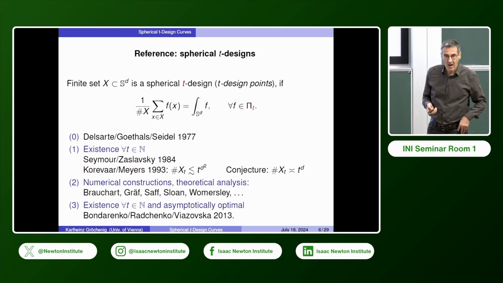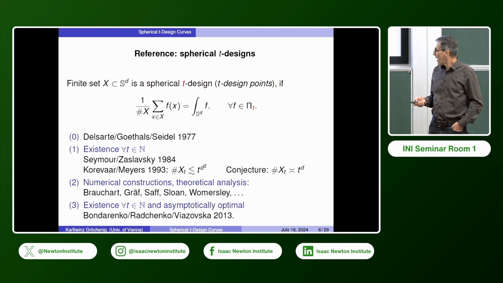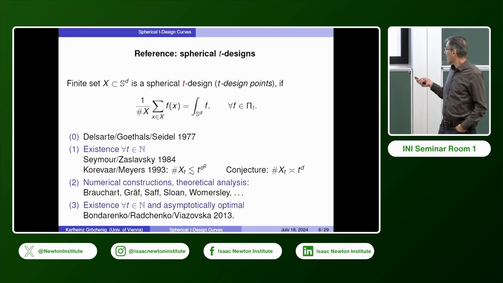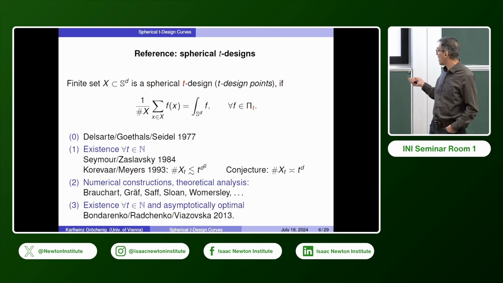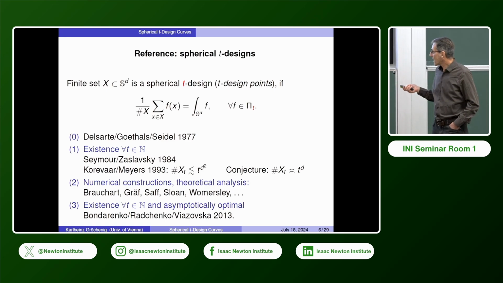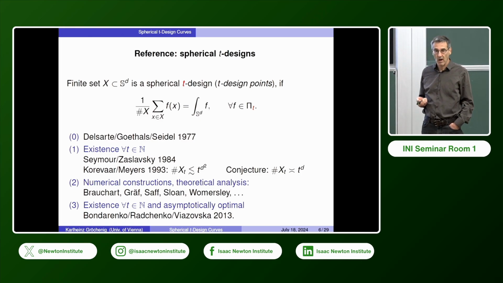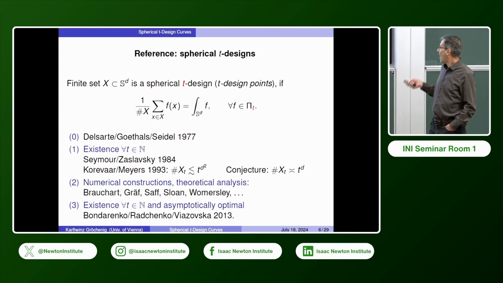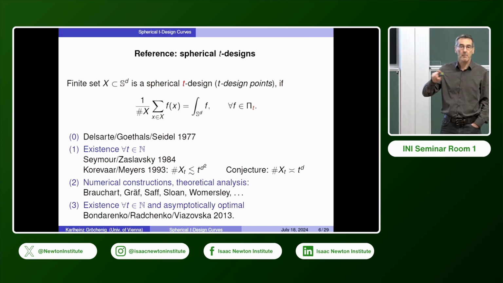There is a huge literature on t-design points, construction of t-design points, tables, and the outstanding problem was the construction of asymptotically optimal t-designs with the correct cardinality, and that was solved only 11 years ago by a famous paper by Bondarenko, Radchenko, and Viazovska. They solved this conjecture. There exist t-design points of the correct order of cardinality. So this would be the reference and the comparison.